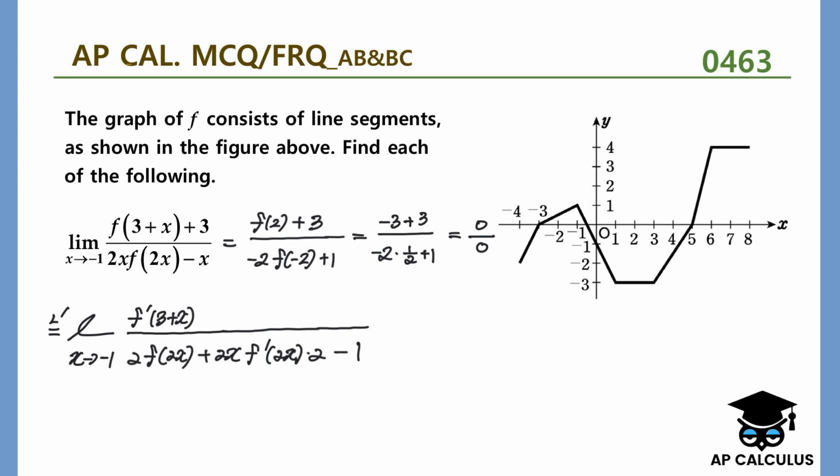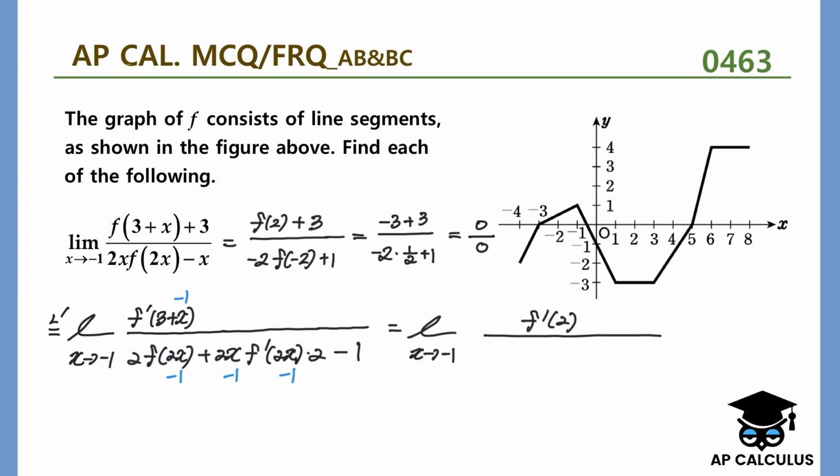Now substitute negative 1 for x. So that's going to be equal to the limit as x approaches negative 1. Okay, f prime, that's f prime of 3 plus negative 1, that's 2, right?